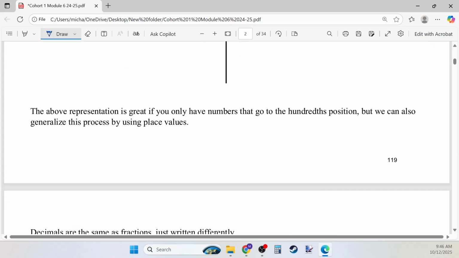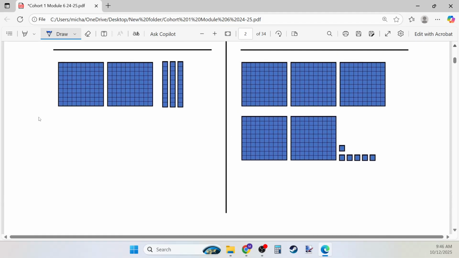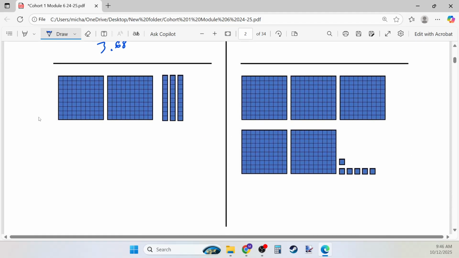So it does warn the above representation is great only if you have numbers that go to the hundredths position. You see, if we wanted to do like 3.281, okay, I have 3 big squares. I have 2 little rectangles. I have 8 little squares.